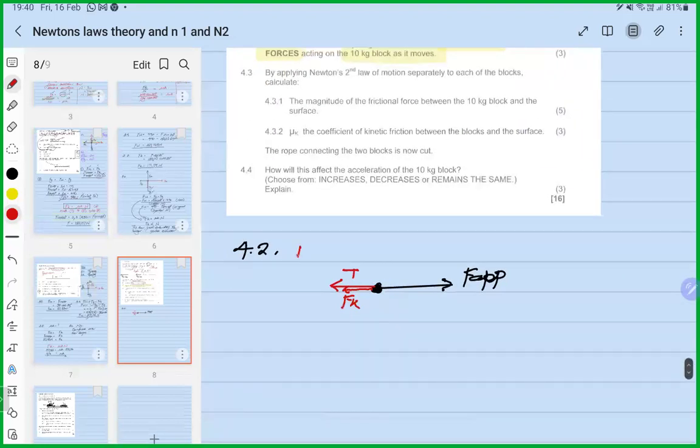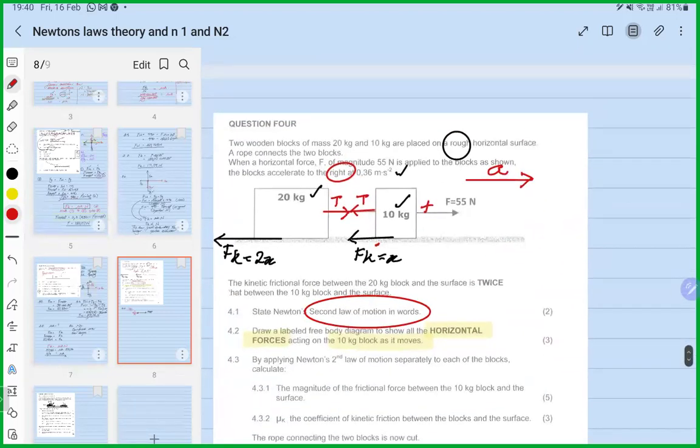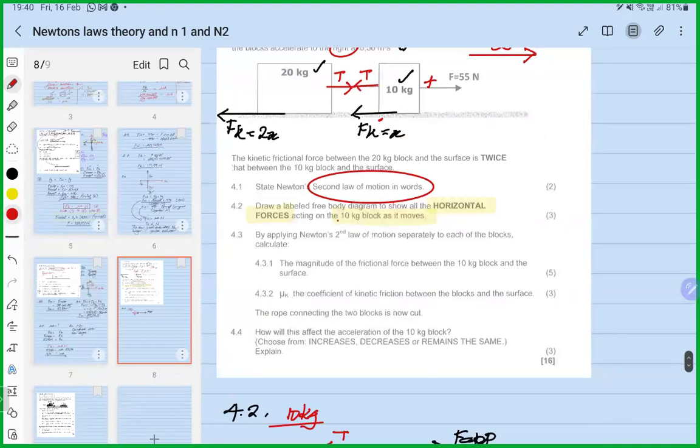Now, I did mention something else, and I just want to reiterate what I said. I said that the examiner will only ask you for one free body diagram. You must ensure that you draw both free body diagrams. And the reason for that is because you will definitely use the other one. So I actually already have it drawn for you. For the 20 kilogram, there's only two horizontal forces acting. Again, the vertical forces will cancel out each other.